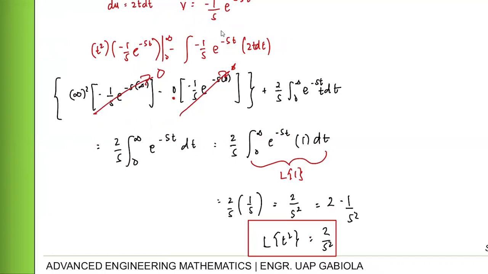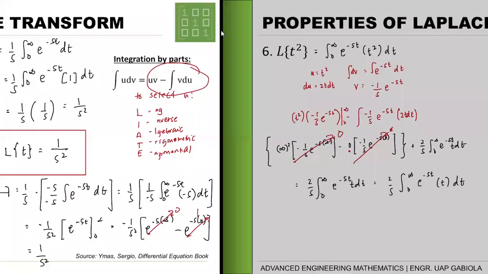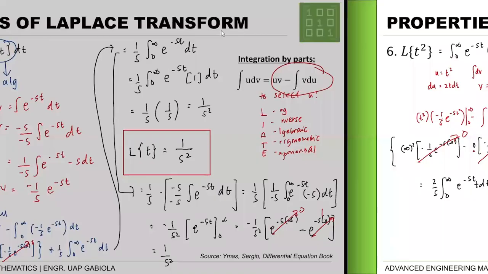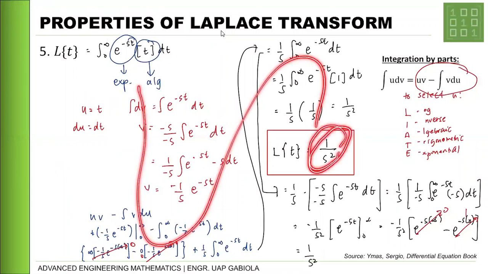Okay? Right? So, okay, let me delete this lang. Okay. So kung may t doon dito, this is also equals dun sa previous natin property, which is e negative st tapos t dt. So let us check. So sa previous property natin, that is ito, no? So kung hindi natin alam yung value nito, we will perform muna ito ulit to arrive with 1 over s squared.